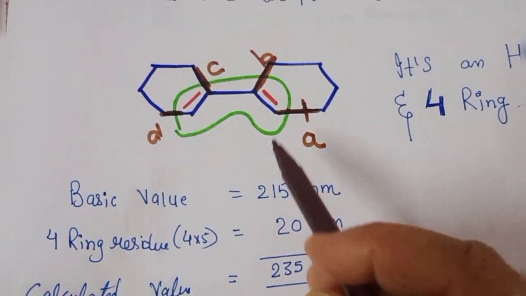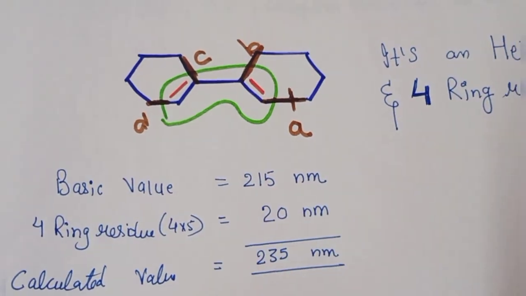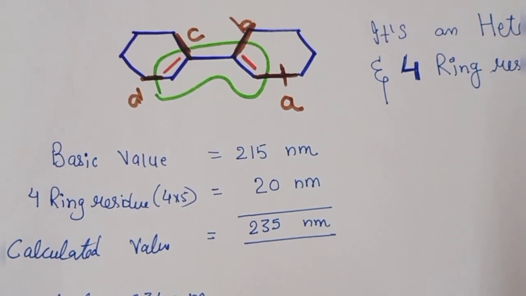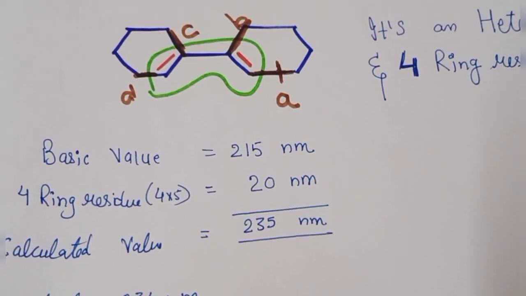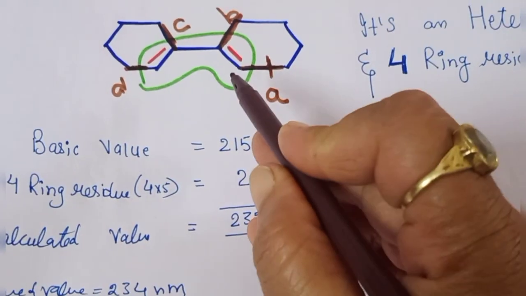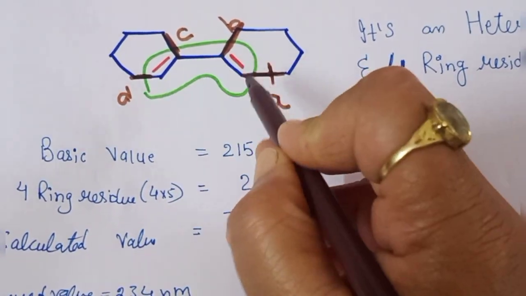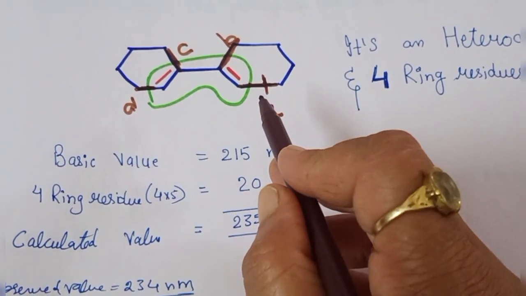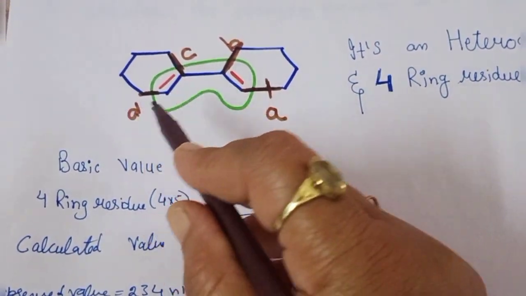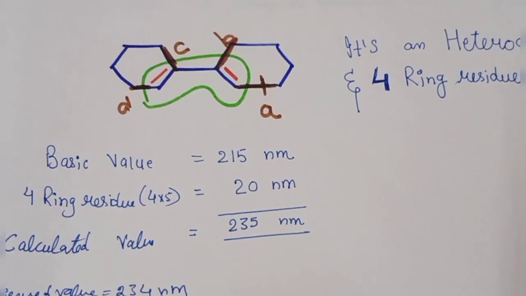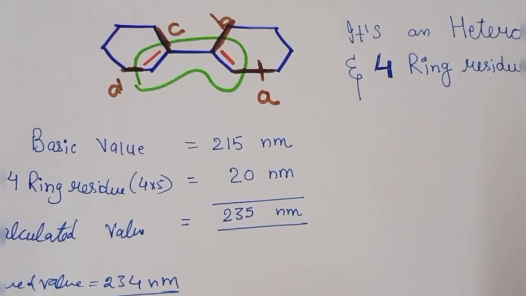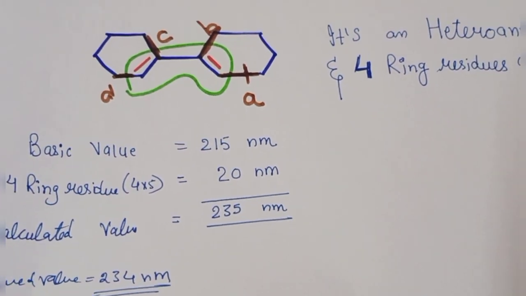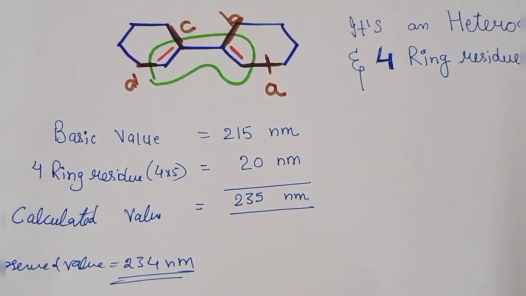So this particular compound has 4 ring residues. You just have to see the parts which are directly attached to the system. The basic system is 1,3-butadiene, so however many bonds are directly attached to it will be the ring residues. So you can easily calculate the number of ring residues, and the value will be 235.